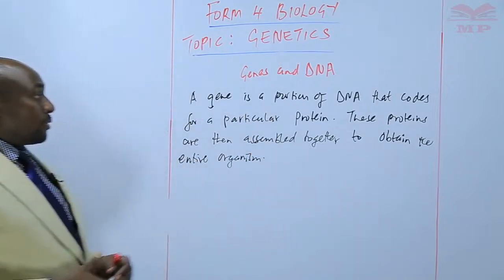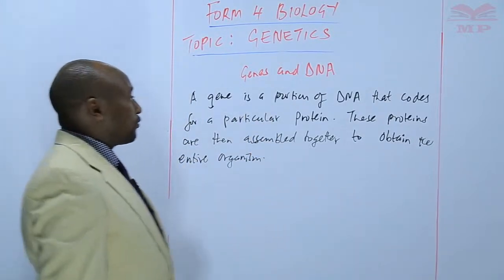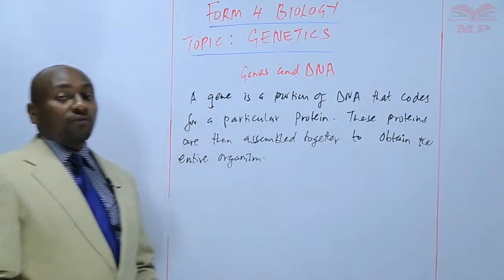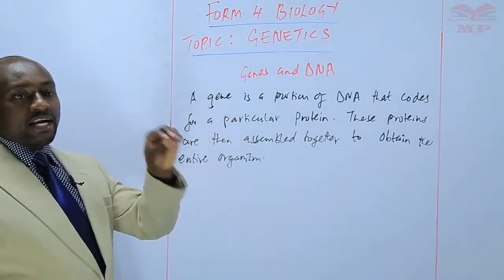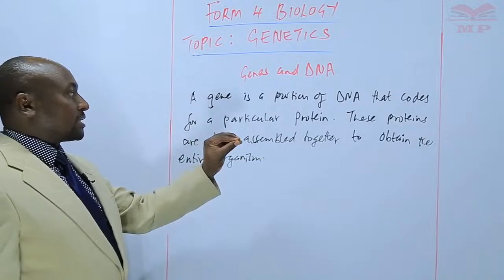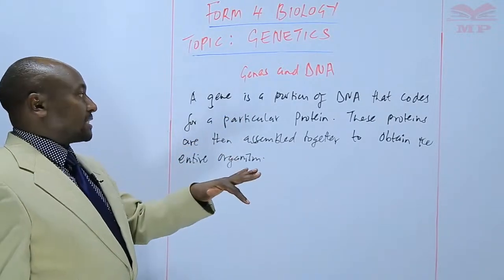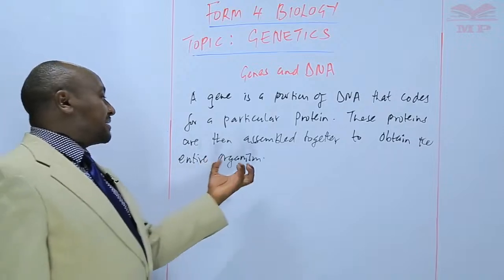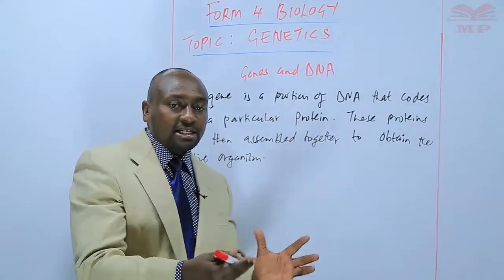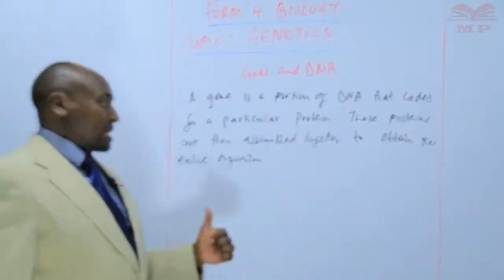So, we are saying that a gene is a portion of DNA that codes for a particular protein. So, we have very many genes coding for a particular protein or coding for different proteins. And then when those proteins are assembled together, they determine now how the entire organism will be.